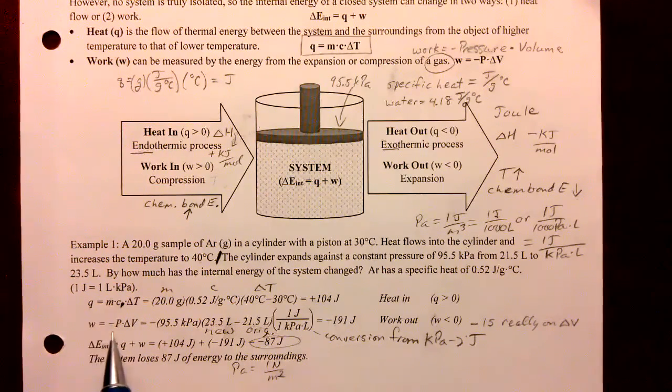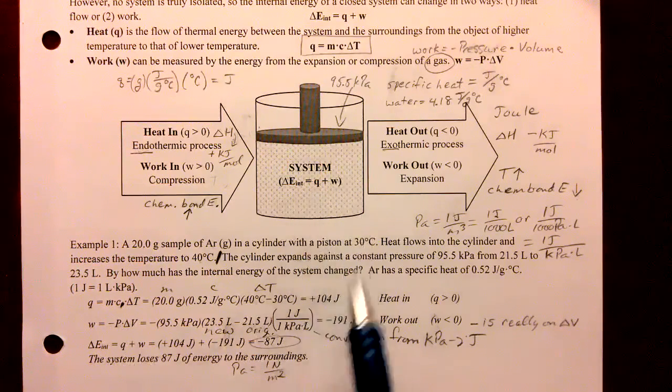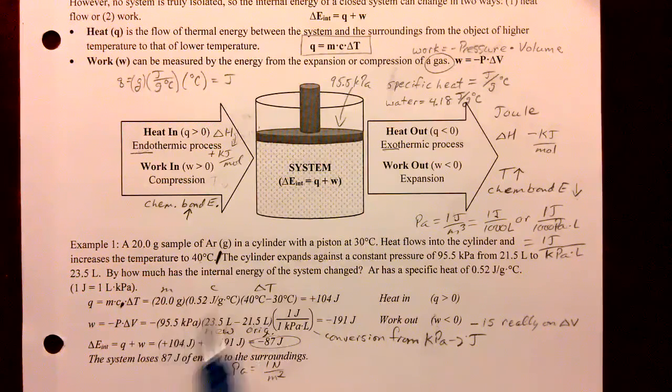So for the work, we have negative of the pressure that we're fighting times the change in volume. Now the change in volume was a positive because it went from smaller to bigger. So we're going to subtract such that we get a positive number, because that's what we need to know. We need to know, did it get bigger or smaller? So it expanded into the outside against the pressure from the outside.